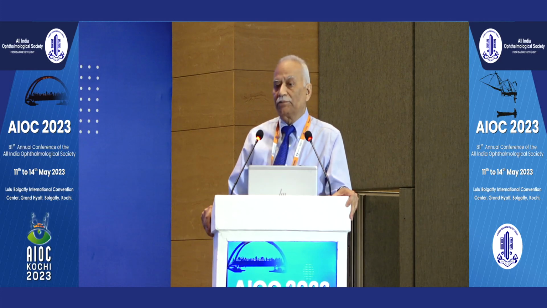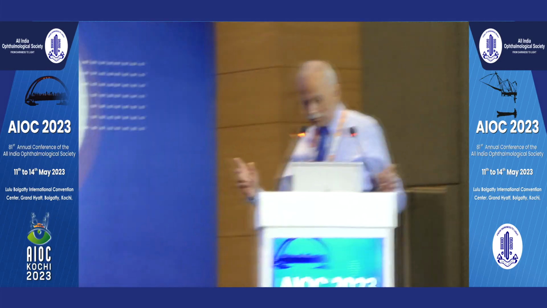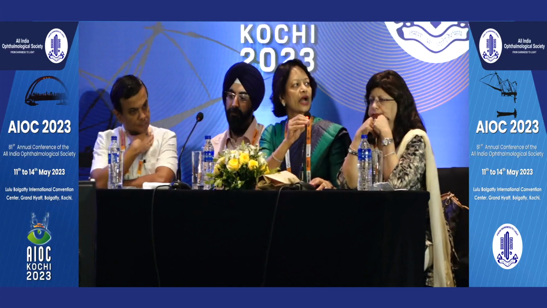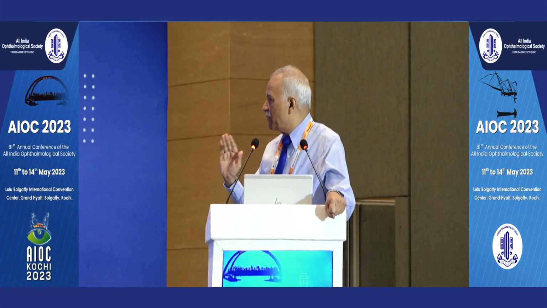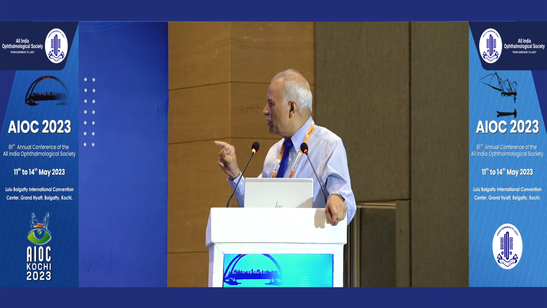Thank you, sir. Just one thing I wanted to ask: how do you decide whether to do an Anderson or the Kestenbaum's procedure? So as I said, for up to 30 degrees of a face turn, I would do an augmented Anderson's. That means 9 millimeters of medial rectus and 12 millimeters of lateral rectus.